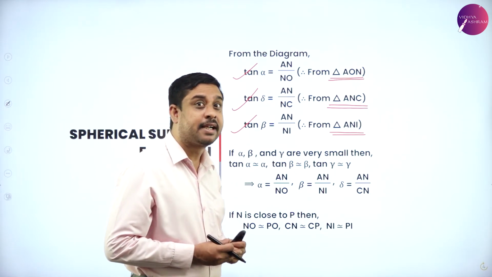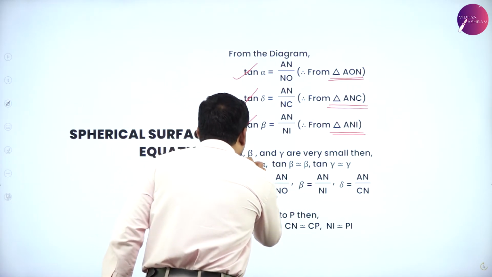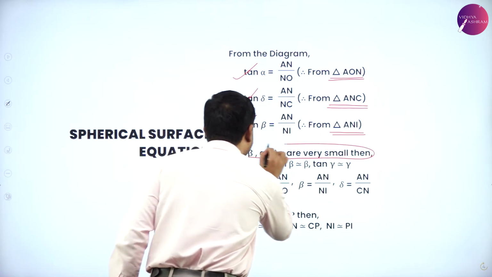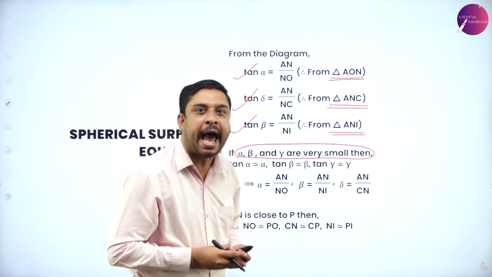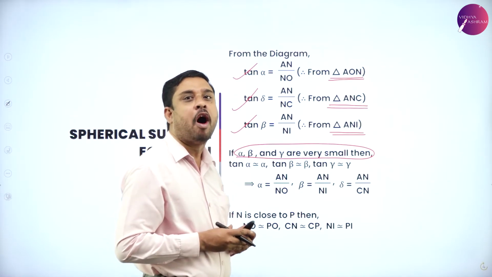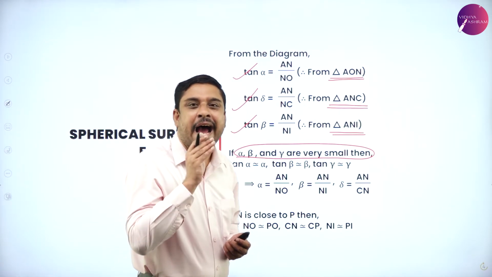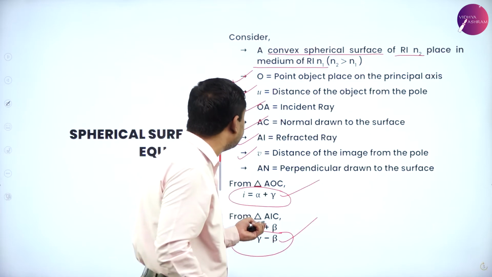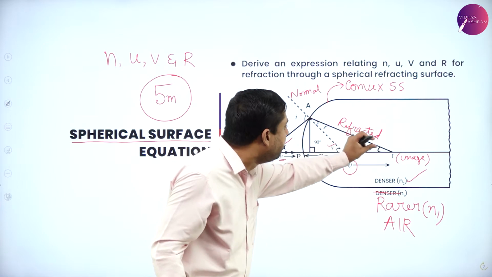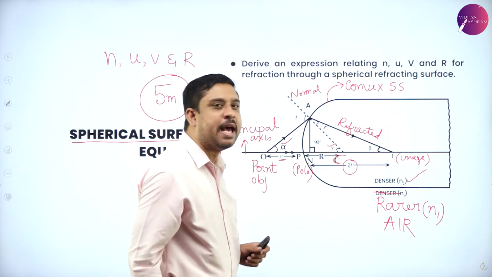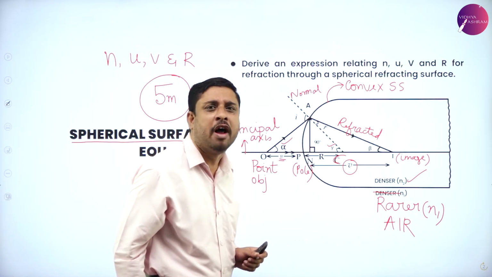Now a very important consideration. This is important now. What happens if alpha, beta and gamma are very, very small? Please do concentrate here, students. I am imposing the condition that the angles alpha, beta, as well as gamma become very, very small.